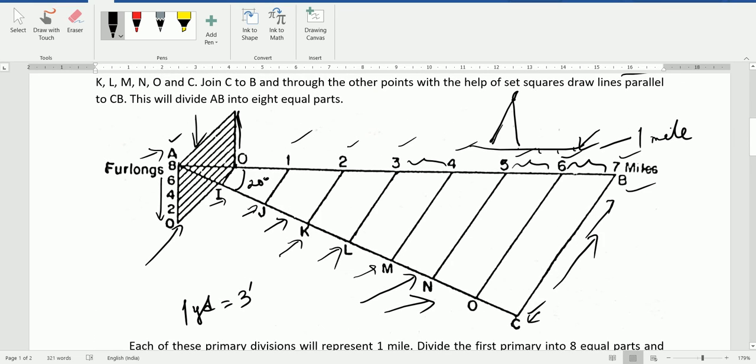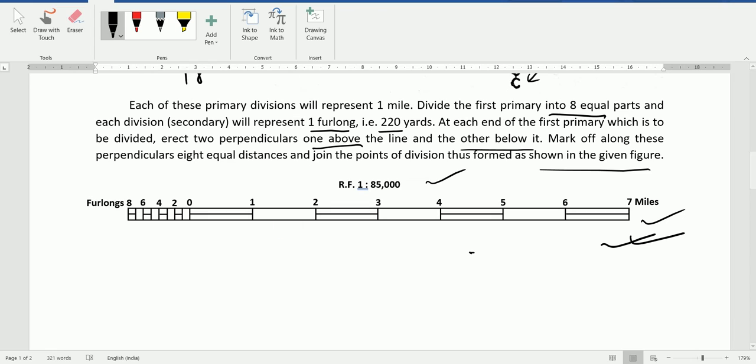Remember, we have to divide the line AB having the length of 6 inches into 8 equal divisions using this method. And after that, the first primary is to be divided into 8 equal divisions again using this method. Okay, after drawing perpendicular lines in this way, ultimately you will get this.